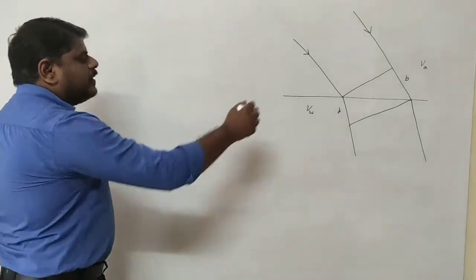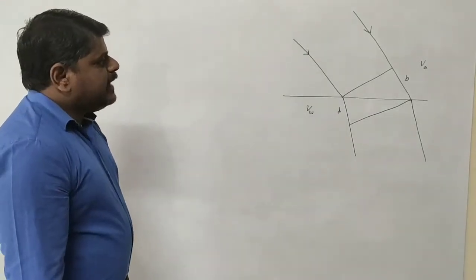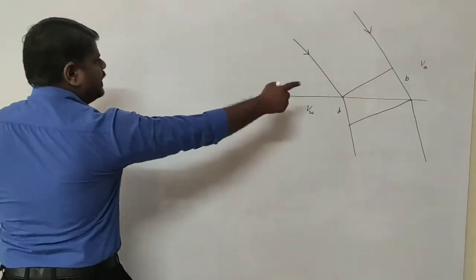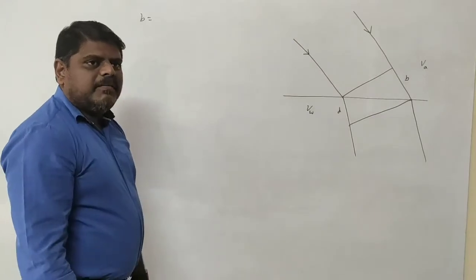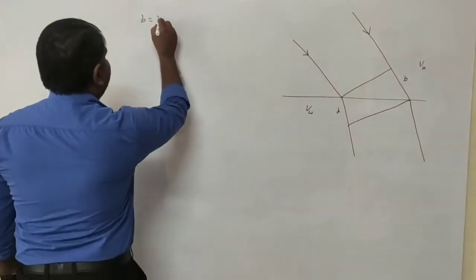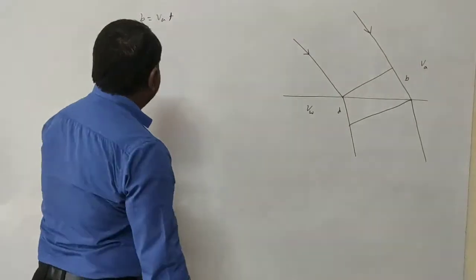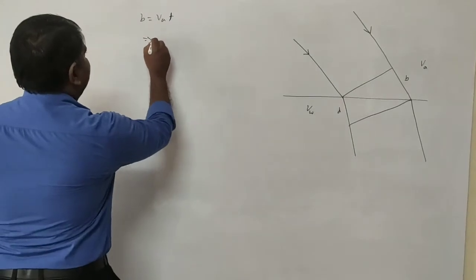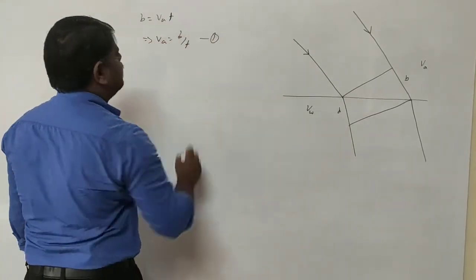Now let us find the distance. The distance in the air B is equal to velocity into time, that is VA into T, because both are traveled in the same time T. That implies VA is equal to B by T. You can call it equation number 1.